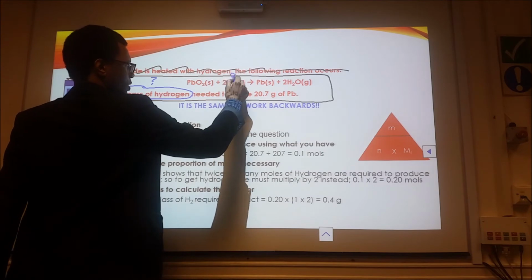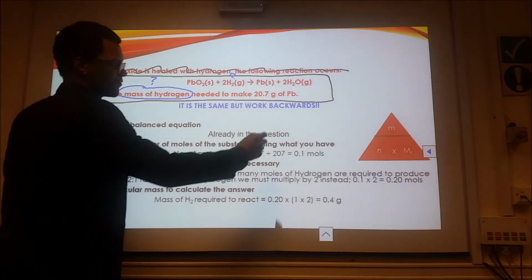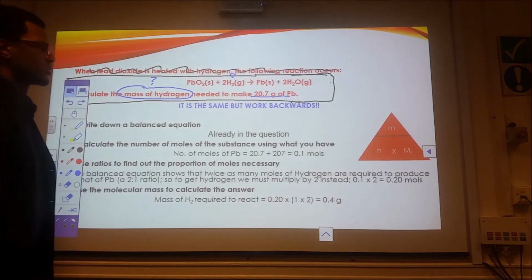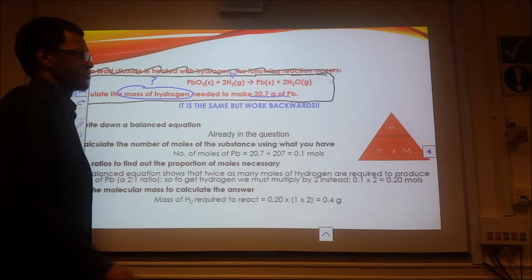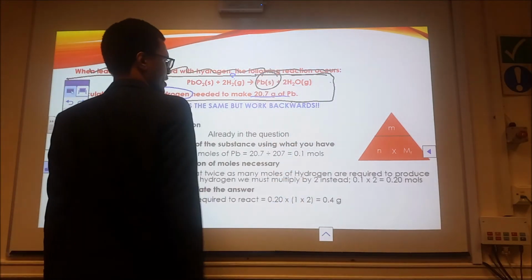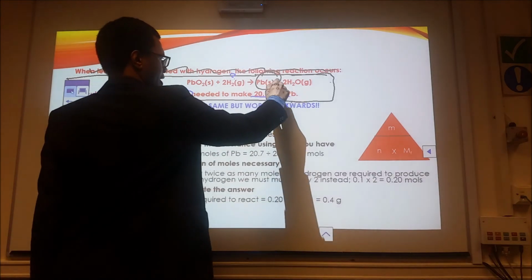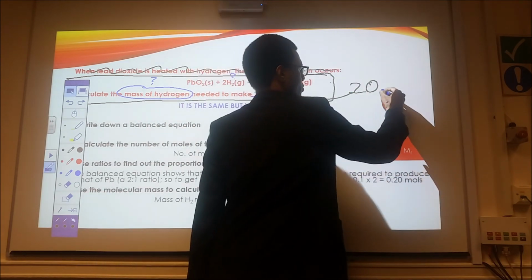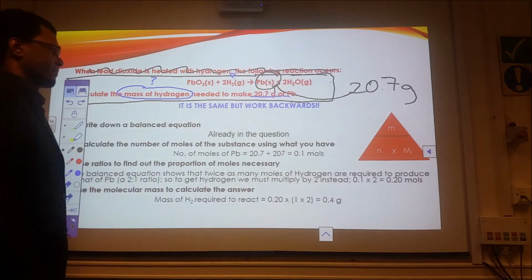So this is what we're looking for. And we have as our two values lead. So we're trying to find out the amount of lead there, and we are told we have 20.7 grams of lead.